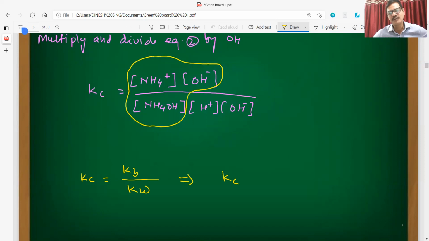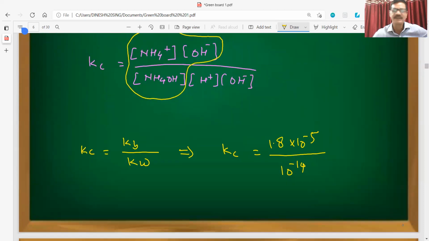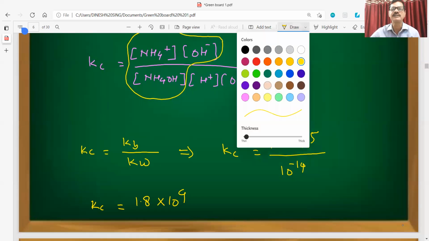Now we can put the value of Kb as 1.8 into 10 power minus 5 divided by Kw, which is 10 power minus 14. So Kc we will get is 1.8 into 10 power 9. I think everybody understood this concept.